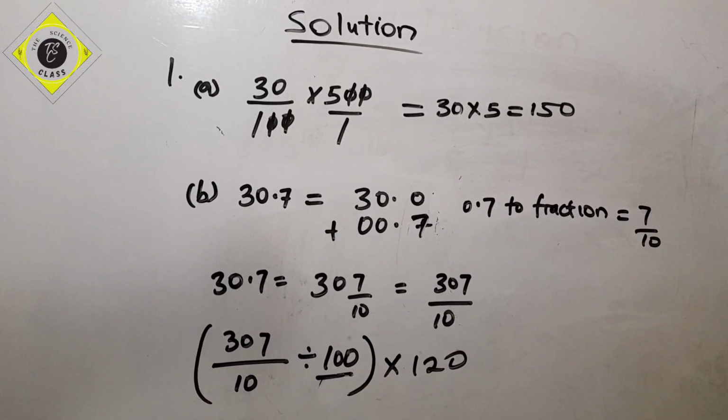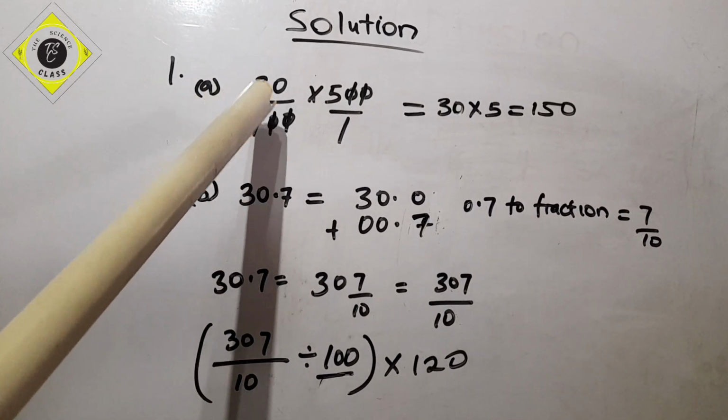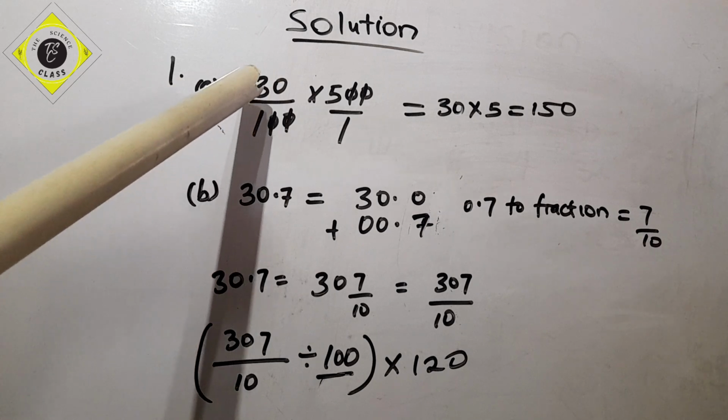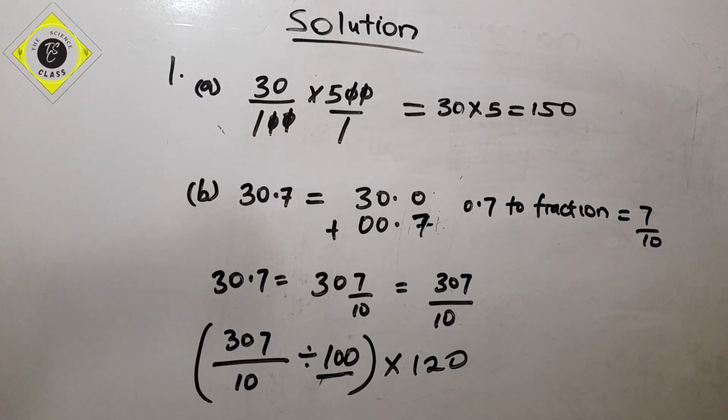Okay, the first example is the 30% of 500. Whenever you see a number with a percentage sign behind it, you know that you are putting that number all over 100. So 30% of 500 will just be 30 divided by 100, then times the number you are asked to work with, which is times 500 here.